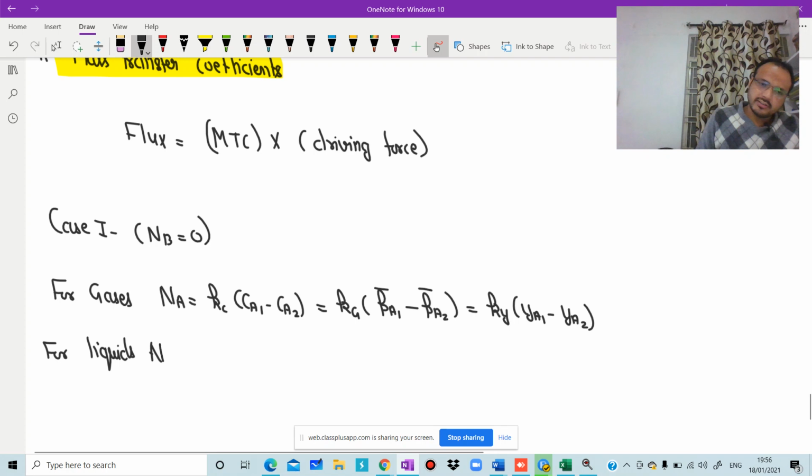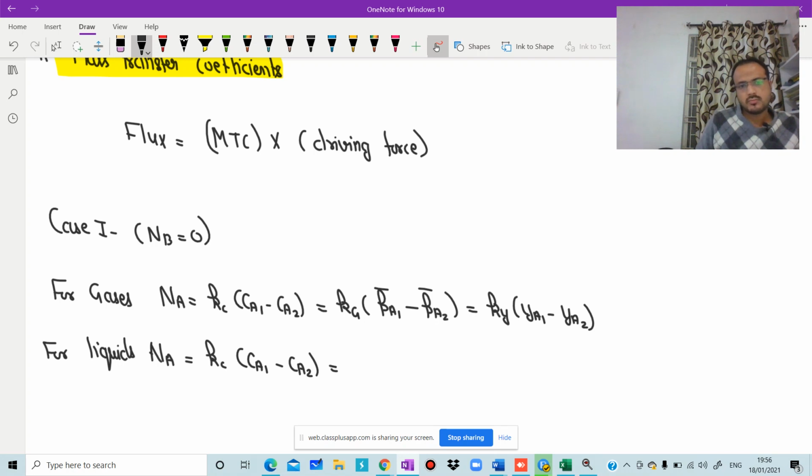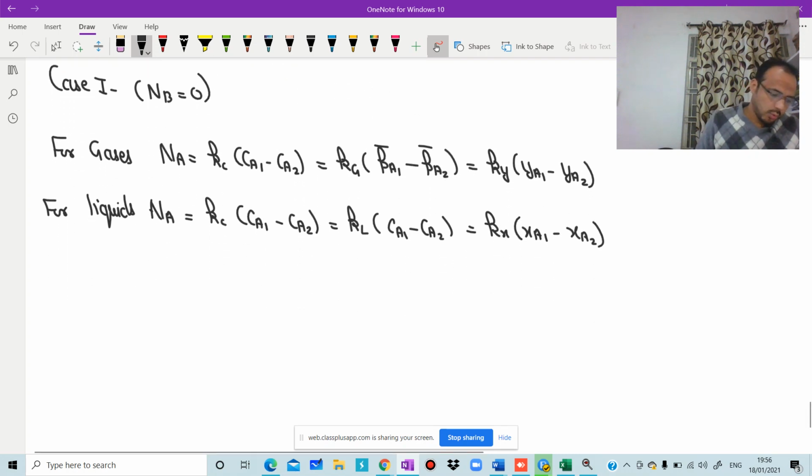In a similar manner for liquids, NA is equal to Kc (CA1 minus CA2) is equal to Kl (CA1 minus CA2) and Kx (X1 minus X2). We cannot represent liquid in partial pressure. In a similar manner, case second.